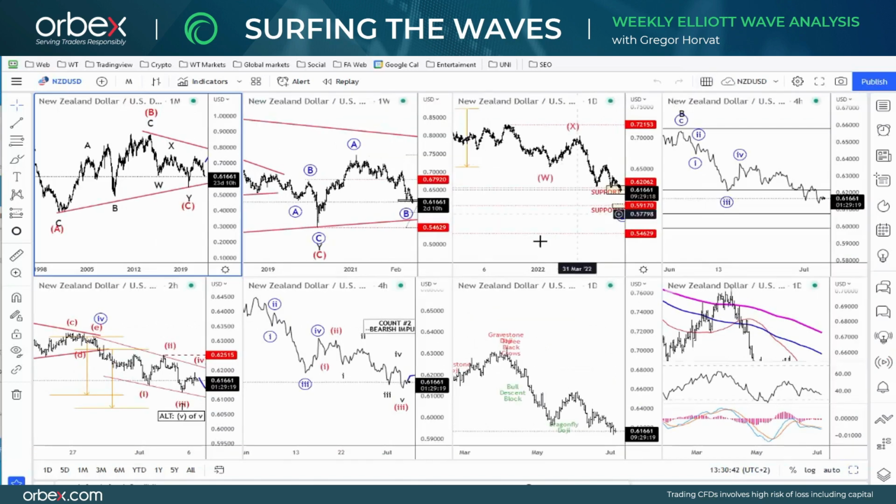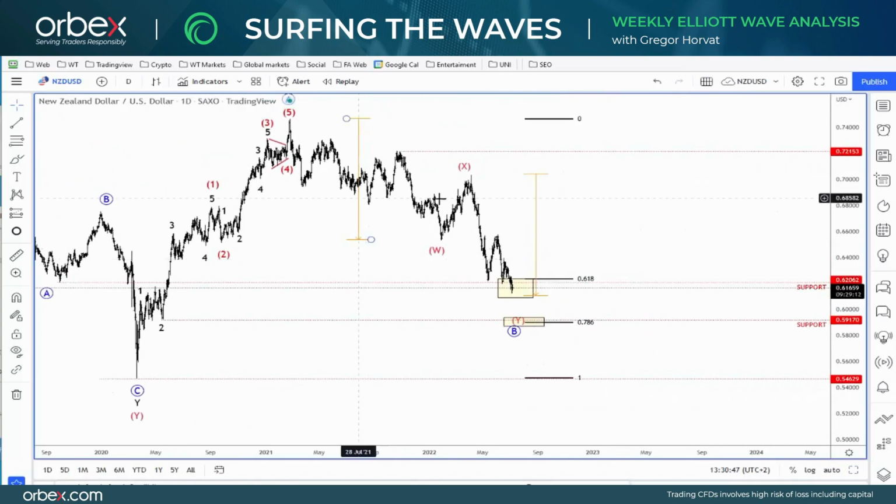Now let's take a look at Kiwi here. We have seen some very nice move to the downside on Kiwi, and currently it is moving into some nice potential first support. But I'm aware of everything going on. There was even an Australian bank who made a new hike, 50 basis points this week.